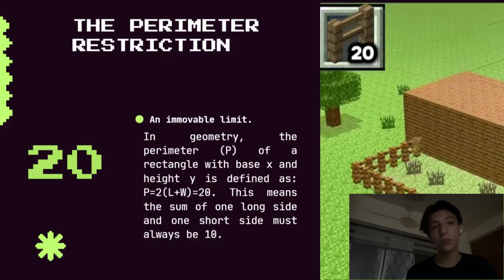In geometry, the perimeter, with variable P, of a rectangle is defined with the formula perimeter equals 2 times (length plus width) equals 20. This means that the sum of one long side and one short side must always be 10.